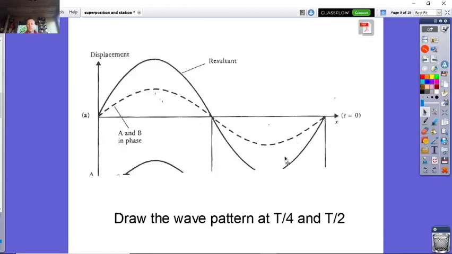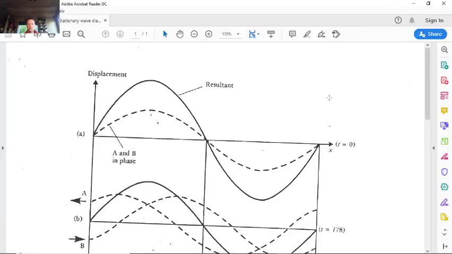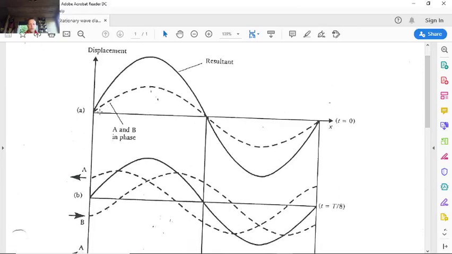Now, what you need to do in examination questions is show how a wave changes with time. So if you've got your standing wave, here is the resulting standing wave, and it's made by one wave, which is a dotted line, going to the left and then reflecting and going back. That's how it looks at 0 time.